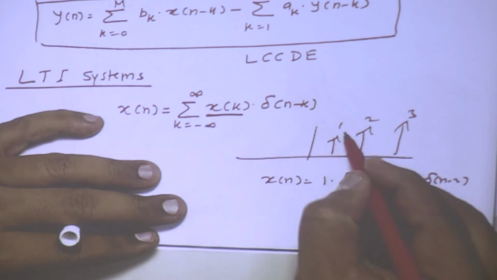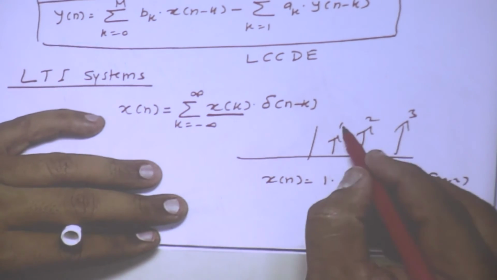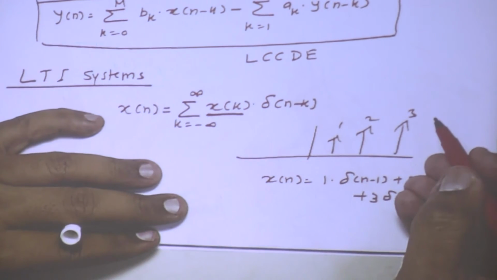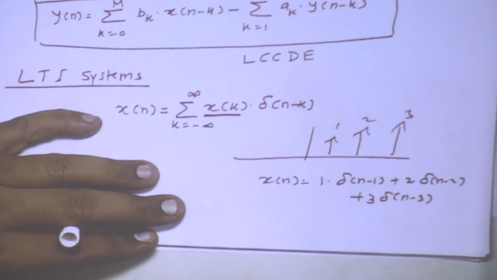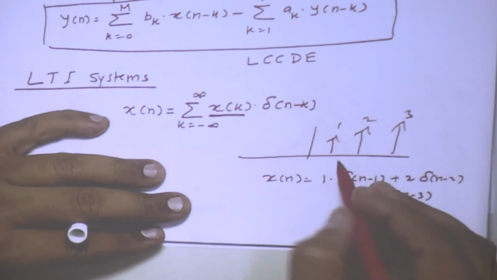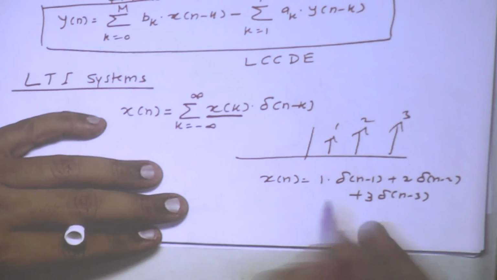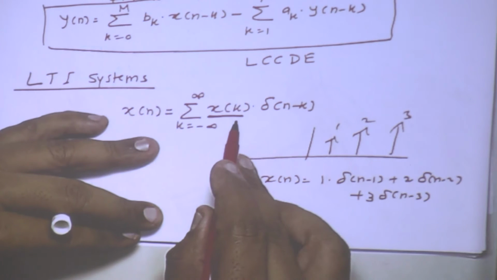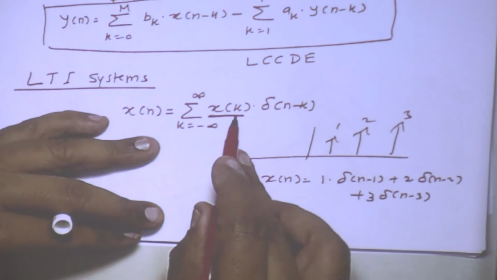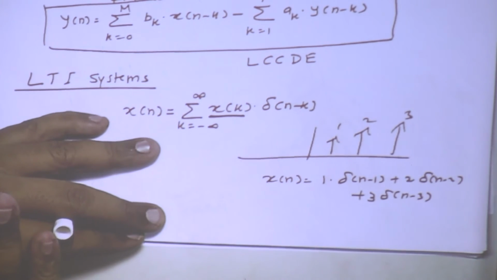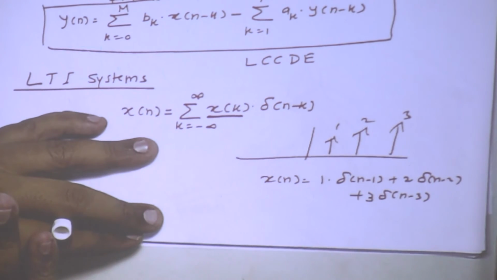This x[k] are the values of the sequence, and delta[n minus k] decides the location of that sequence value. So a generalized sequence x[n] can be represented by this, where x[0], x[1], x[2], x[minus 1], x[minus 2] are the values of this sequence, and delta decides the location of that value.